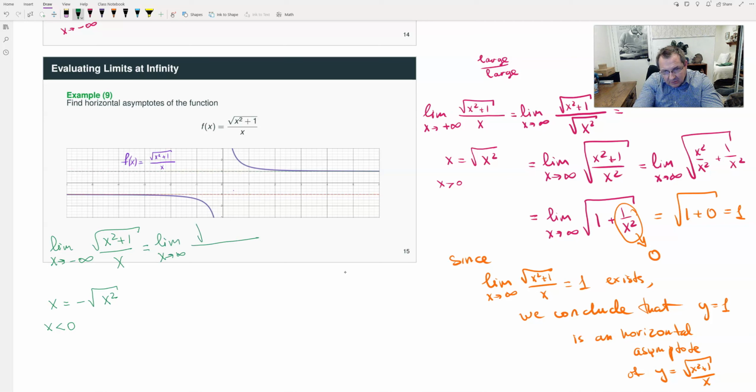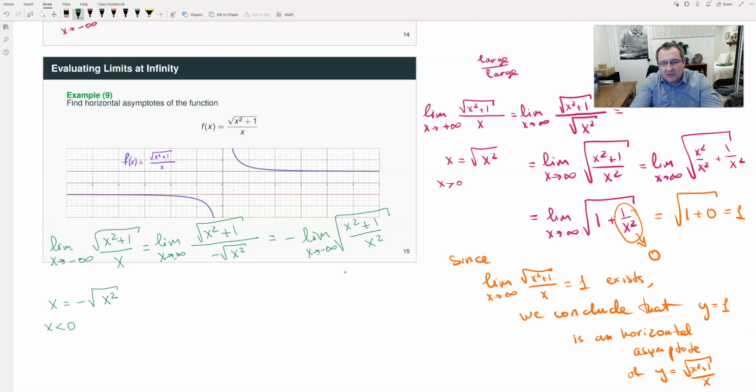In the numerator, we will still have the square root of x squared plus 1. In the denominator, we'll have negative radical of x squared. And that negative can be brought up front, and we'll have a limit. Let me combine the square roots into the square root of x squared plus 1 divided by x squared as x goes to minus infinity.